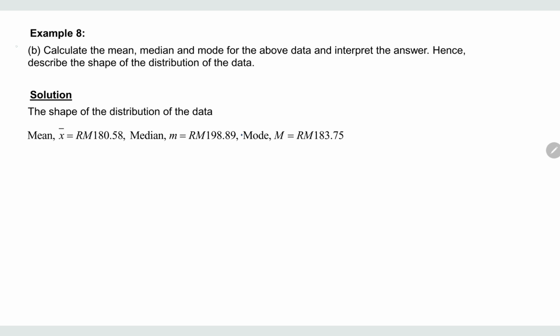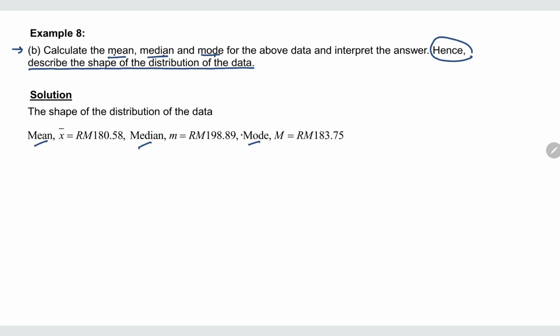We're still on question B. We just found the mean, median, and mode. Then the question asks you to describe the shape of the distribution of the data based on the mean, median, and mode. So first, we must recall the values of the mean, median, and mode.